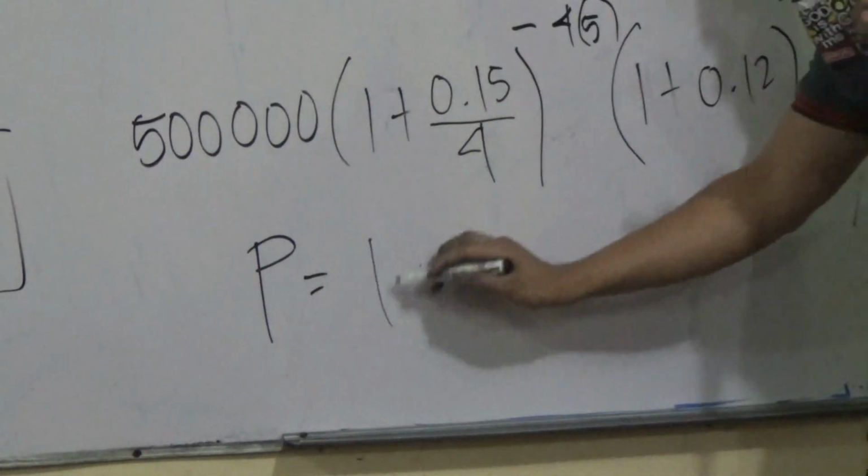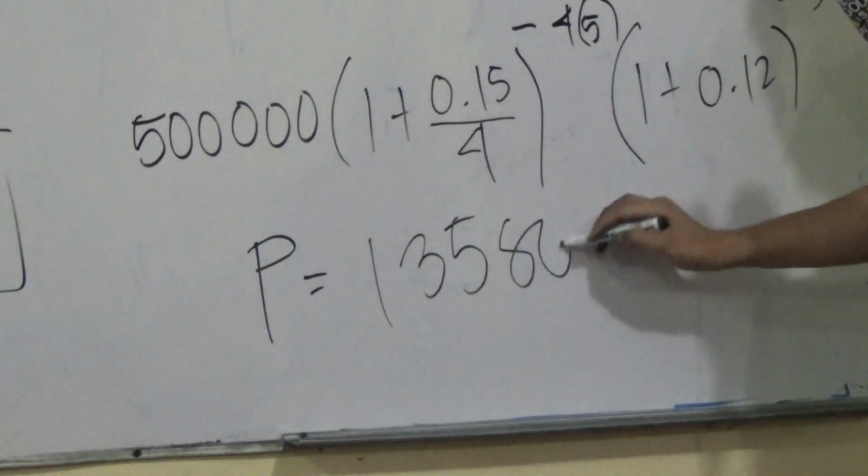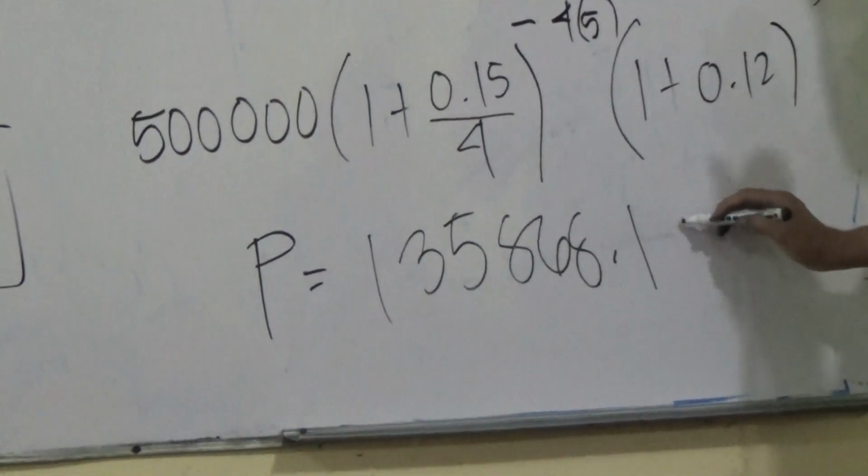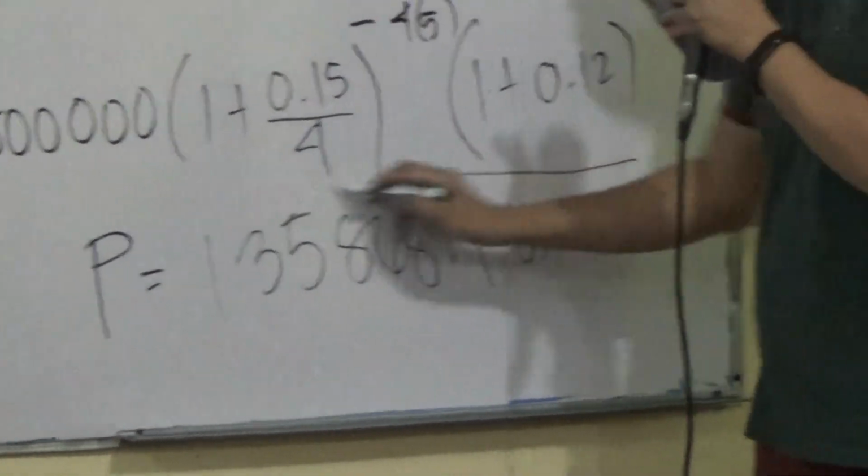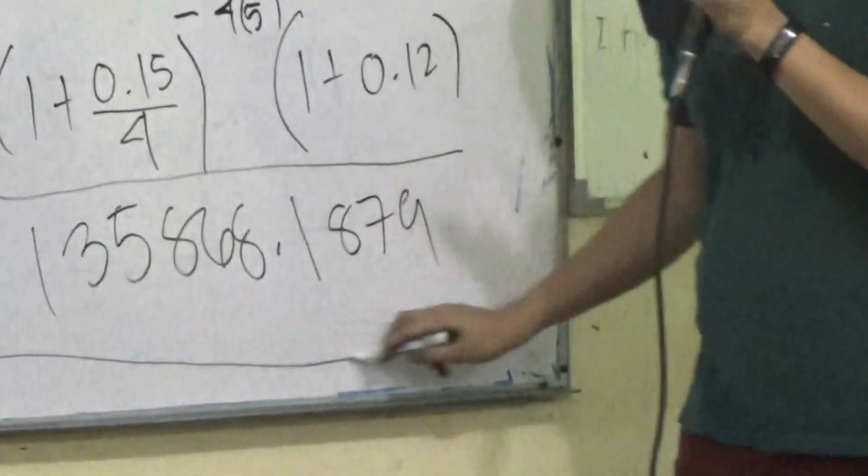So, kailangan i-deposit is 135,868.1879. Okay, so that is letter D.